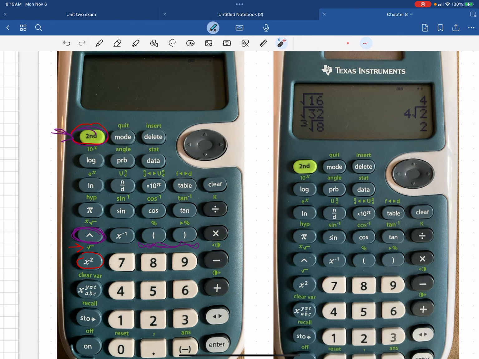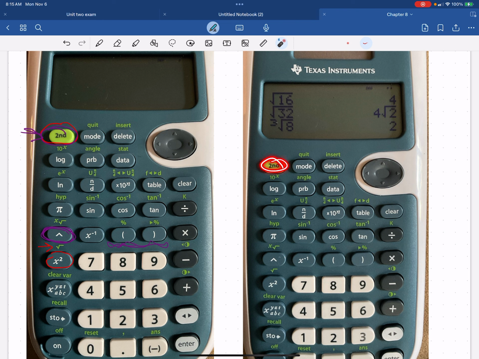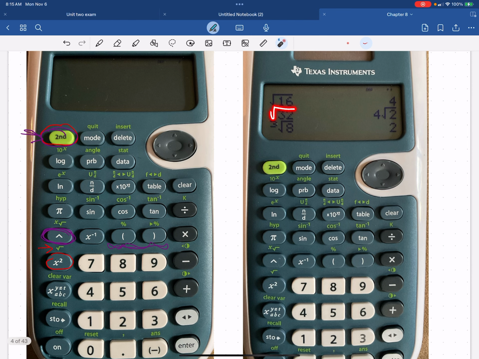And then we type in the number. Like over here, I had done second x squared 1, 6, enter. And then I get the answer 4. With the 32, I went second square, and then it's showing me the square root sign, 32, and I press enter, and it gives me the answer of 4 square root 2.